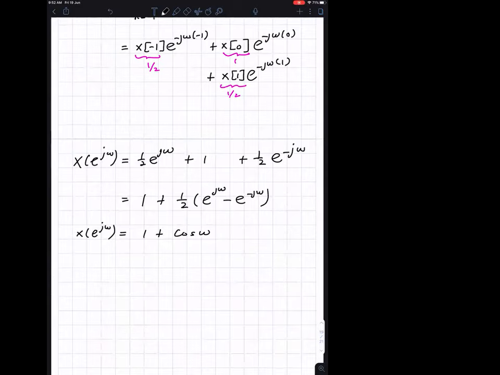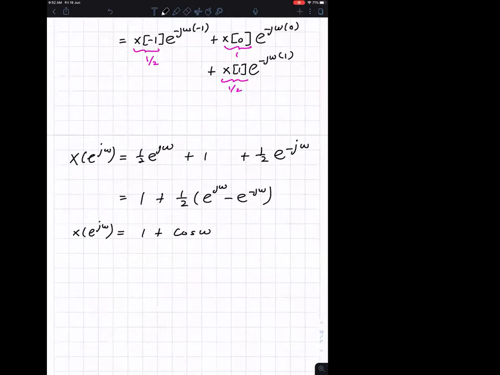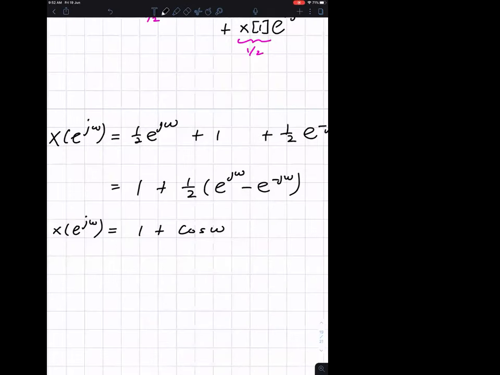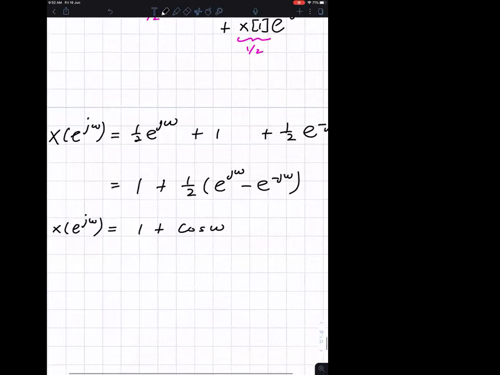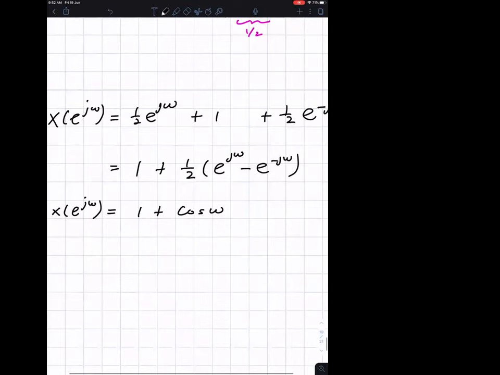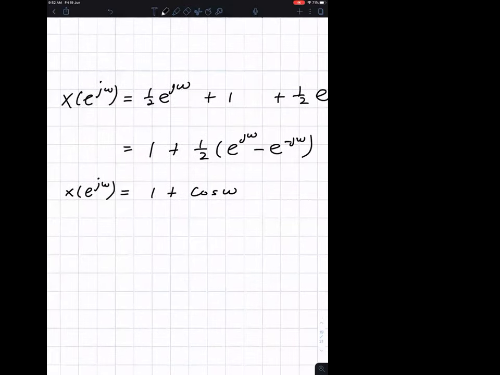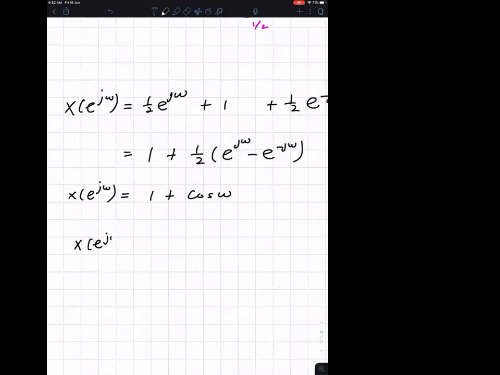Okay, so the magnitude of this is quite easy to plot. Magnitude is just 1 plus cos omega. There's no imaginary part here. The real part is the magnitude.